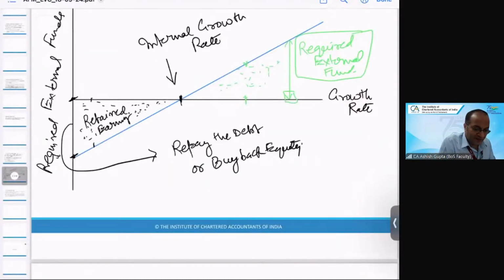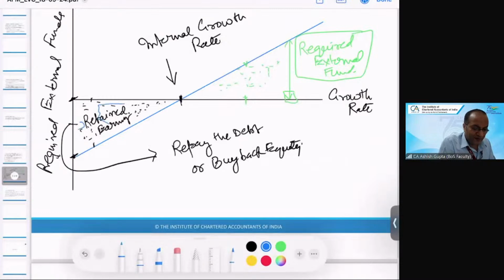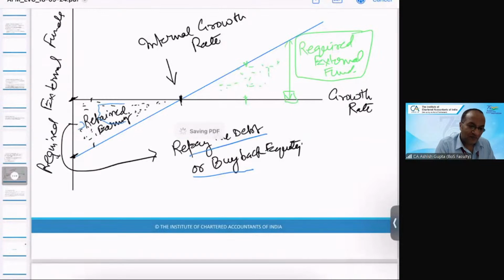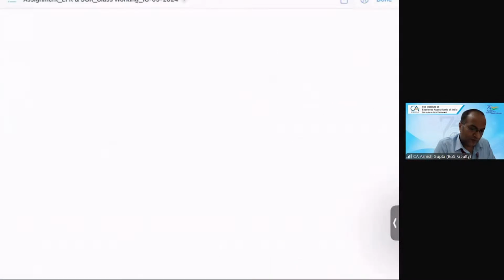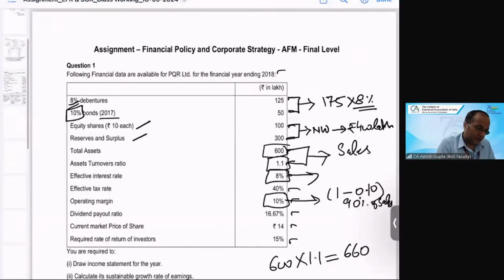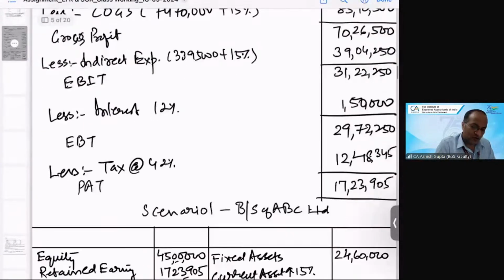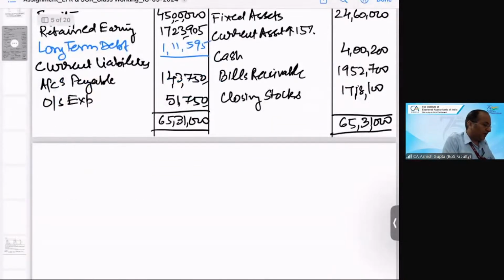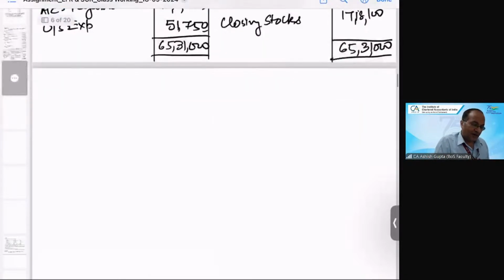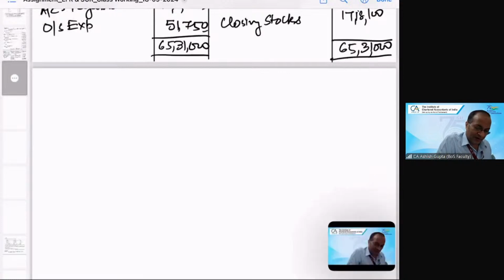Now this is here, your line somewhere here. So this has been used to repay the debt. So by this growth rate, if we are assuming, these are the factors we are assuming. Okay, student. Now I will show you how we have computed by using the formula.